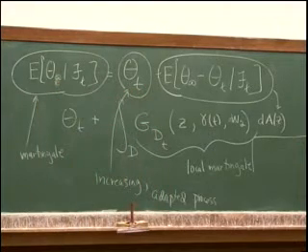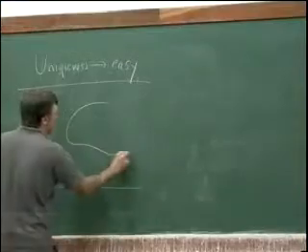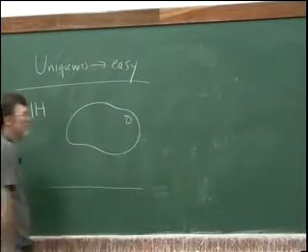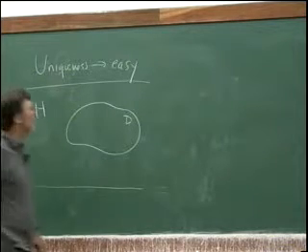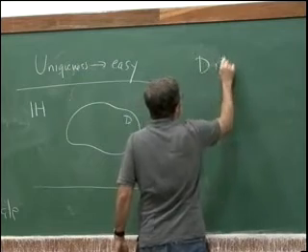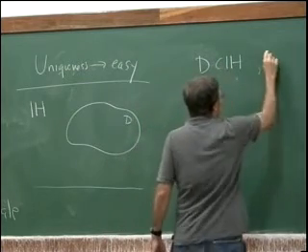Let me take H and take a subdomain of H, which is bounded. So I'm going to take D, which is contained in H, which is bounded.